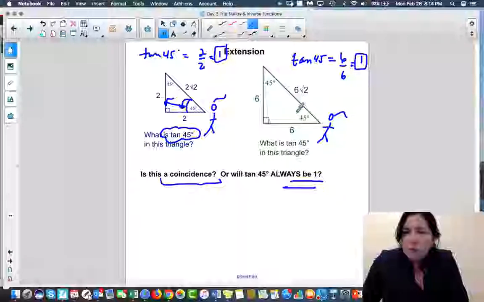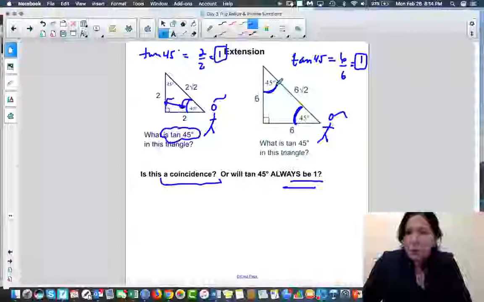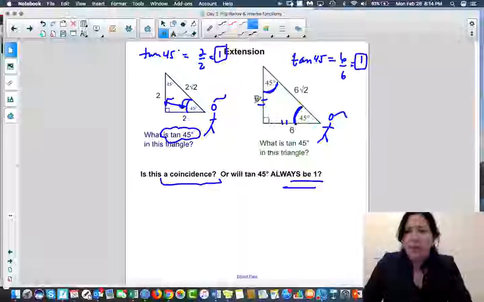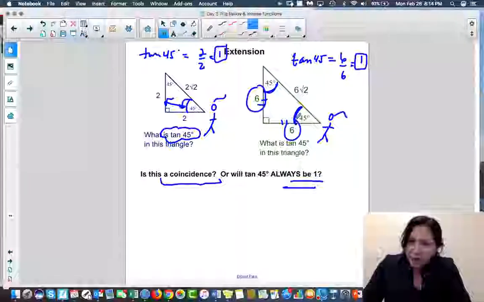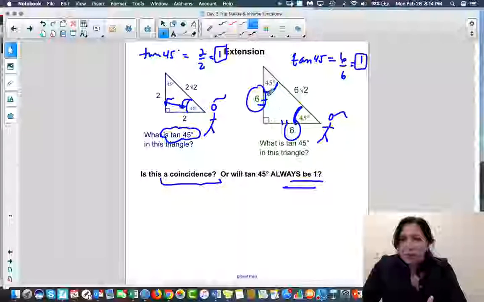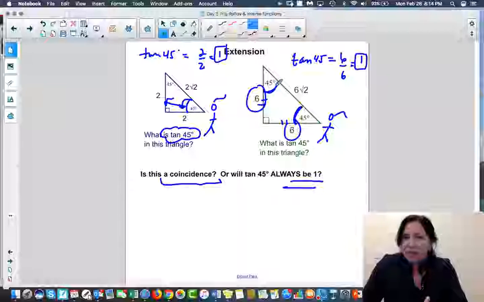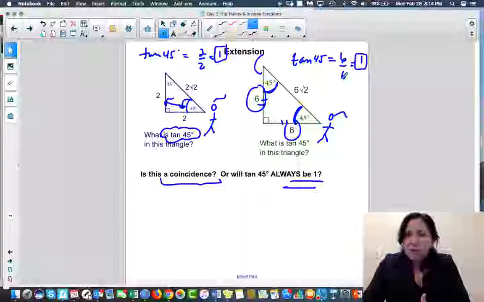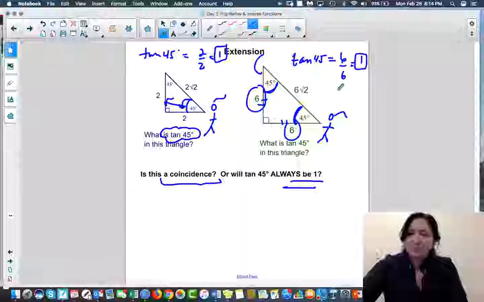And you know that if it's a 45, 45, 90, that the sides are going to be congruent. So you know then that the two sides, if you're at one angle or the other, you're going to get the same value. So it's always going to be opposite over adjacent, or if you're here, it'll be opposite over adjacent. It's still going to be 6 over 6, which is 1.